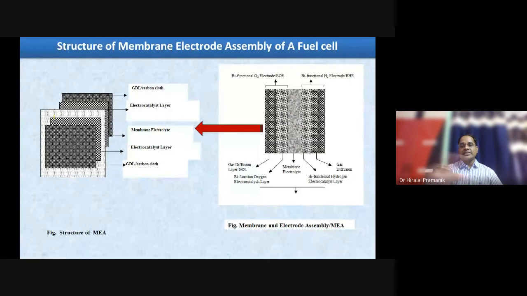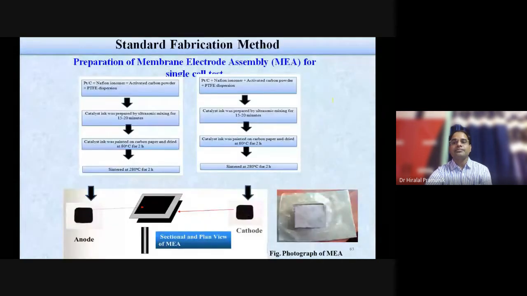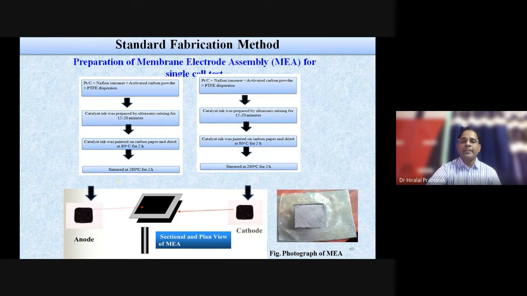So this is the structure of the electrode and membrane. You can see this is the anode side and this is the cathode side. Now, how is the membrane electrode assembly manufactured? The electrode ink is prepared and painted over the GDL, giving a catalyst-ink-coated GDL, as both anode and cathode.